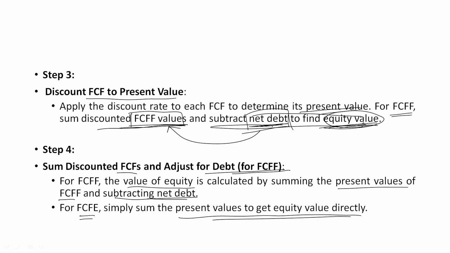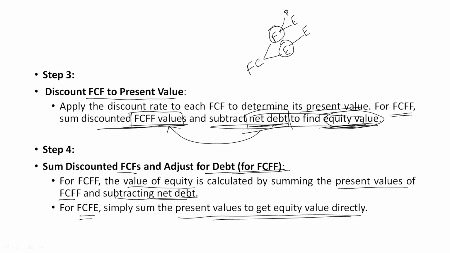So understand one thing, that there are two concepts of free cash flow. One is for the firm and the other one is for the equity shareholders. For the firm, when I'm talking, this money is equally applicable to both debt holders as well as equity shareholders. Whereas when I'm talking about equity, this is only available to equity shareholders and not to debt.